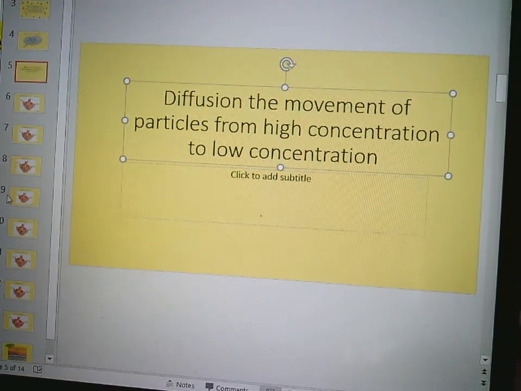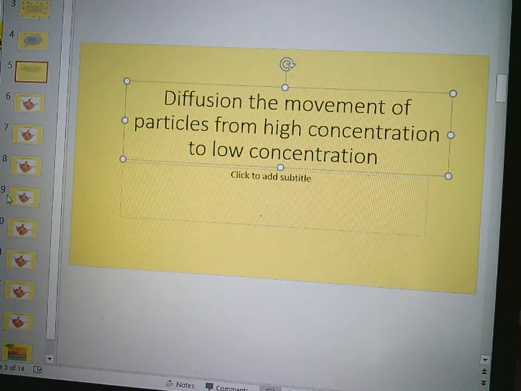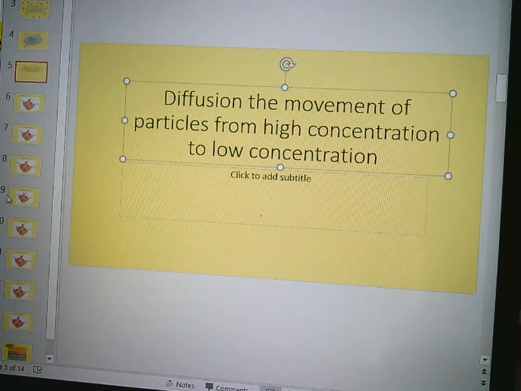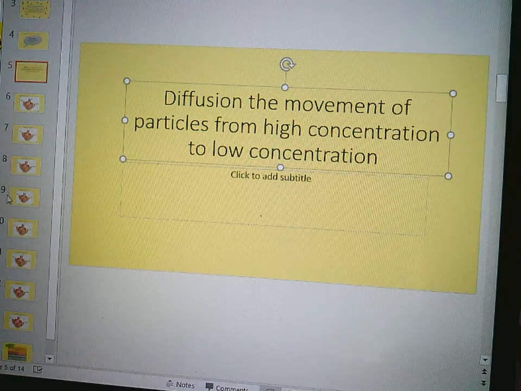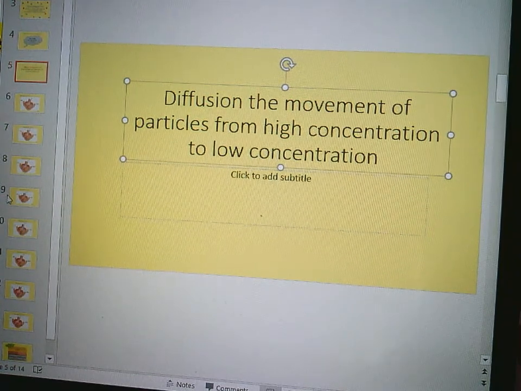Now we say that the rate of diffusion means how fast it happens. And there's lots of things that can affect the rate of diffusion. So temperature is one. If it is hotter, the rate of diffusion will be higher or diffusion will happen faster.